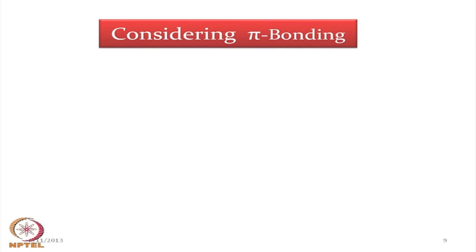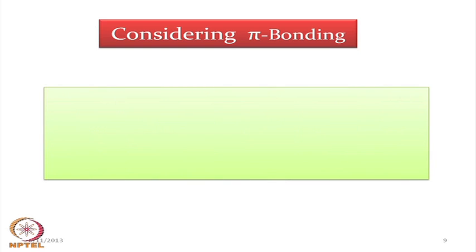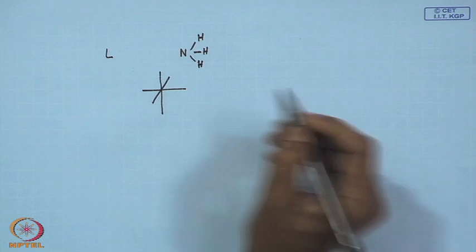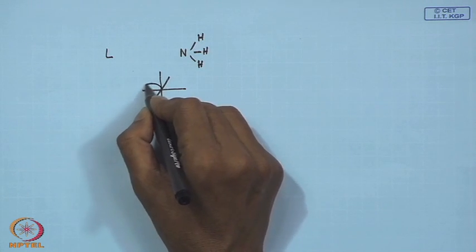So, in our next class we can consider how we treat the corresponding pi bonding interactions. Whenever we have these pi bonding interactions, if we have the ligand, say the ammonia molecule in our hand, we will find that from this ammonia molecule we have 3 orbitals available: one is Px, another is Py and another is Pz.